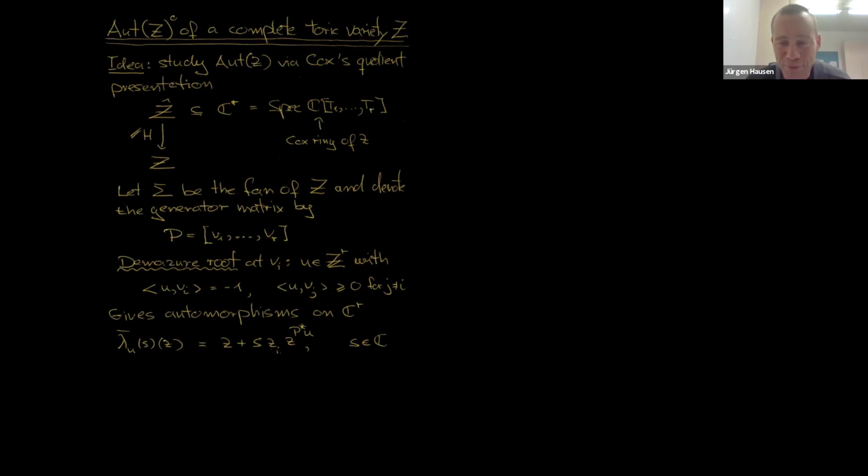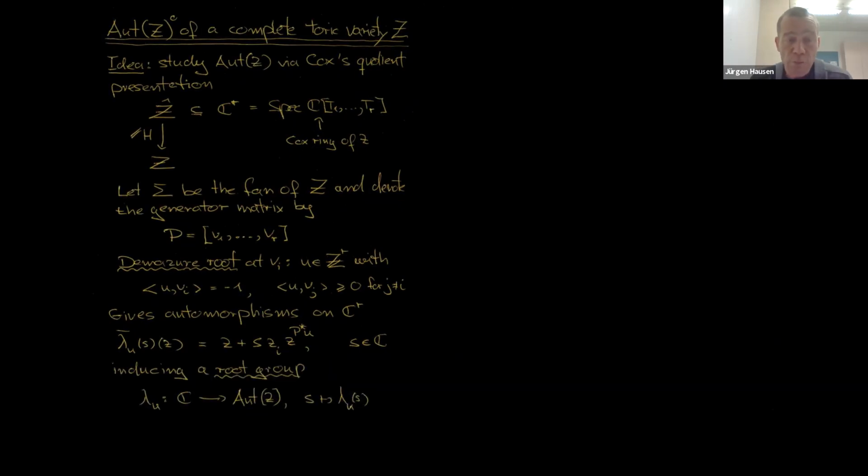I mean the vector of length r having all coordinates 0 and zi at the ith place. And this is also times z to the P star u. What is P star u? P star is just the transpose of the matrix P, and I apply it to u. What I want to say is that I get an automorphism of C^r, and it is given in a fully explicit manner.